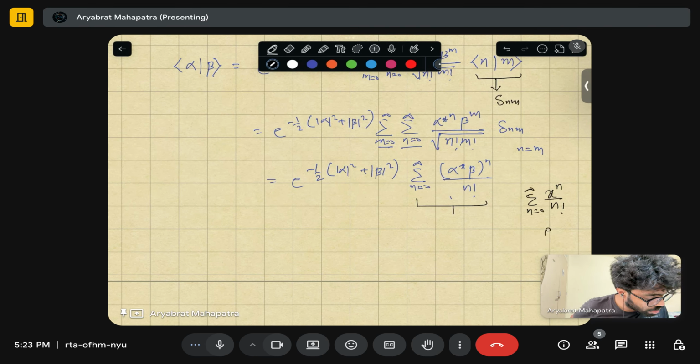So this is like the e to the power x term.